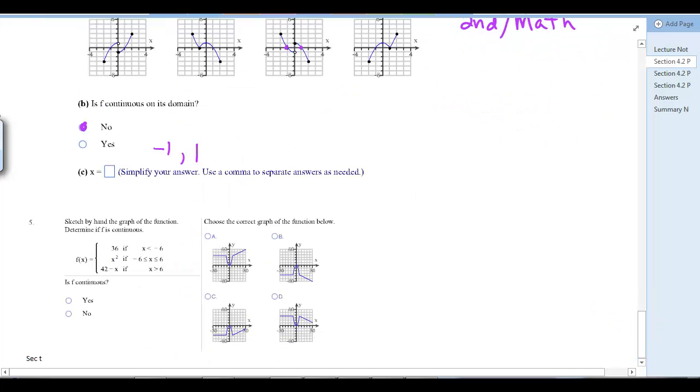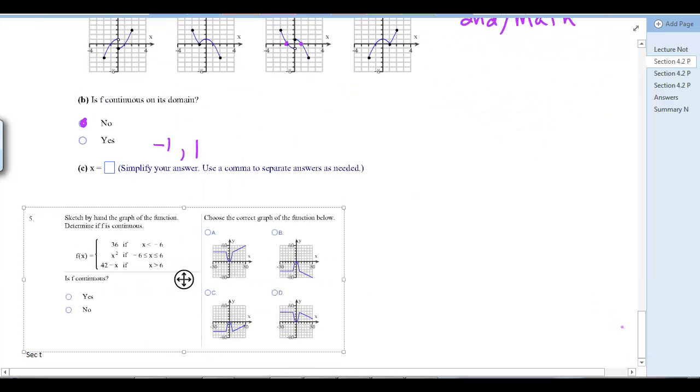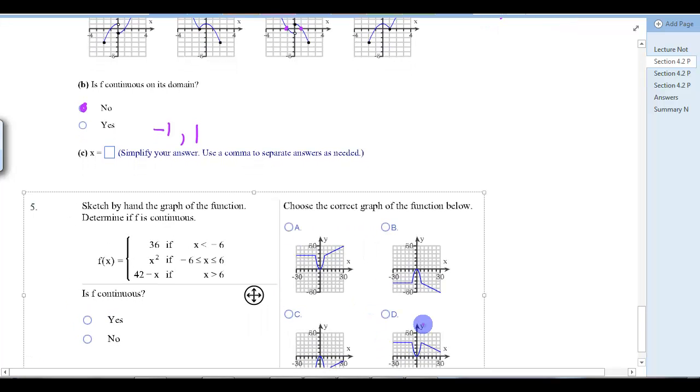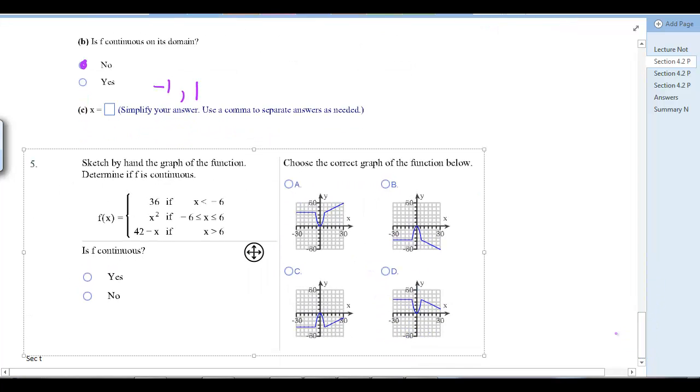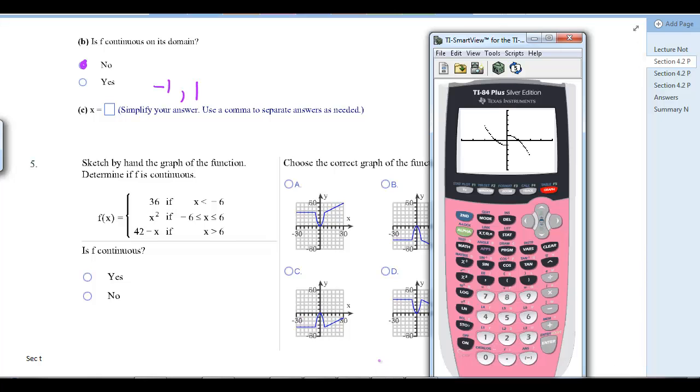And the last question we have is another piecewise function, and it has 3 pieces. We need to make sure that we do our window this way, or you definitely will not get the right picture. So let's go ahead and put that one in.